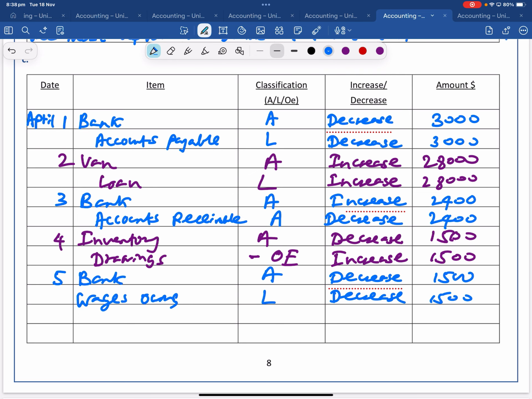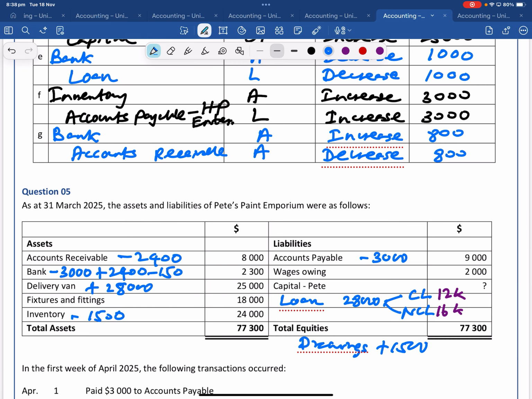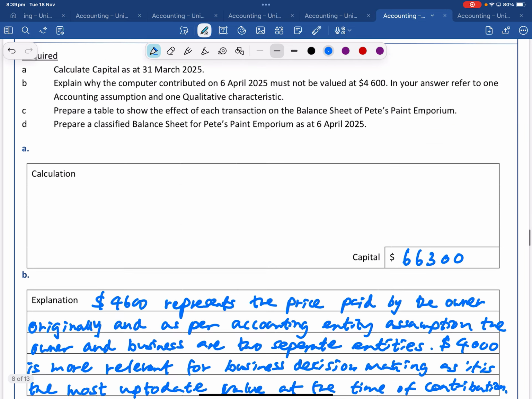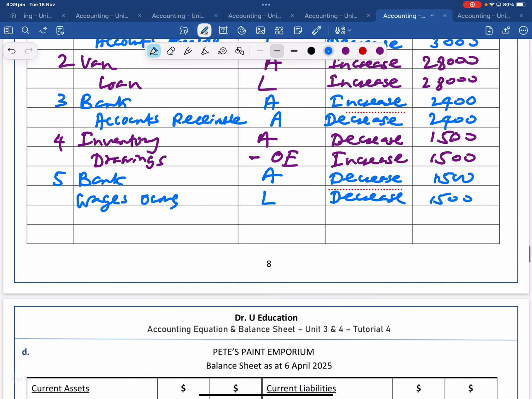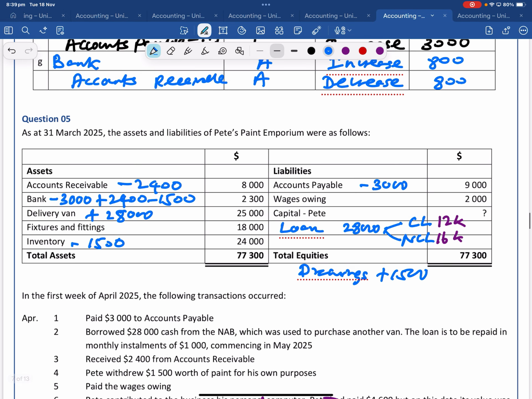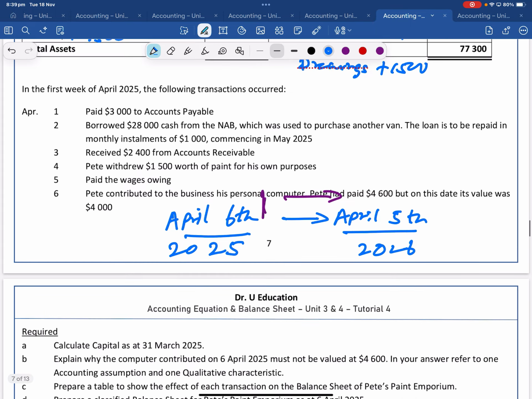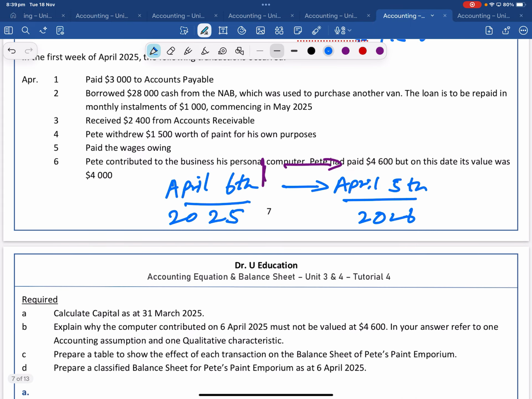I'm going to the bank, put minus 2000, wages owing. Sorry, not 1500, my bad, it's 2000. Wages owing was 2000, 1500 was in the previous question, yes? So I can cross this one out, right? This one is 2000. Right, next one, guys.